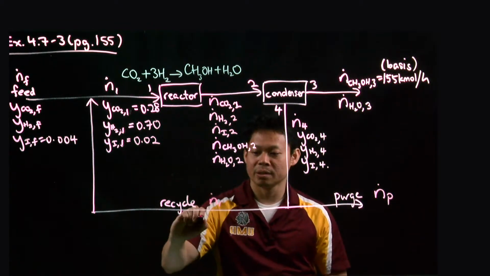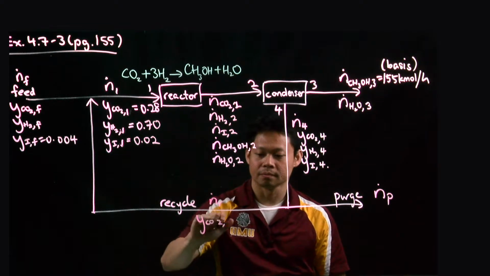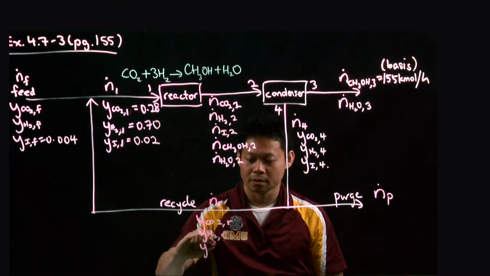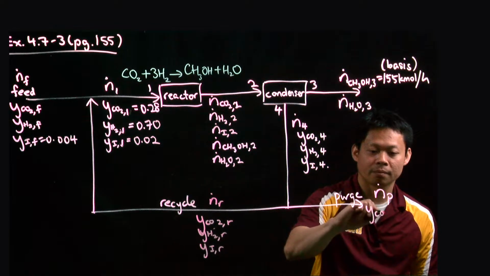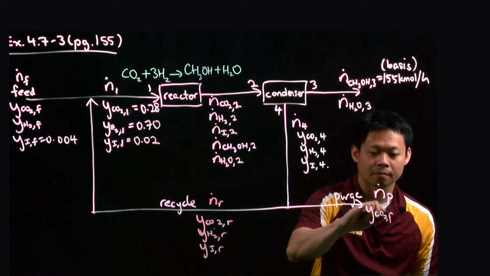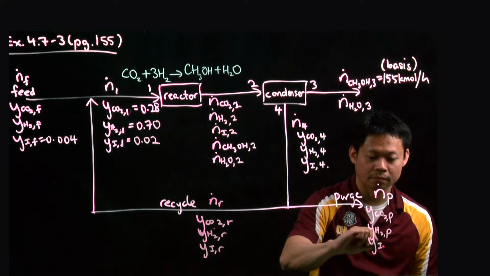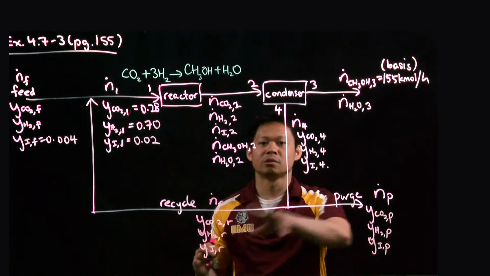And in the recycle stream, we have the same components. In the purge stream, we have the same components as well. And we need to make sure to capture that all the mole fractions are the same.